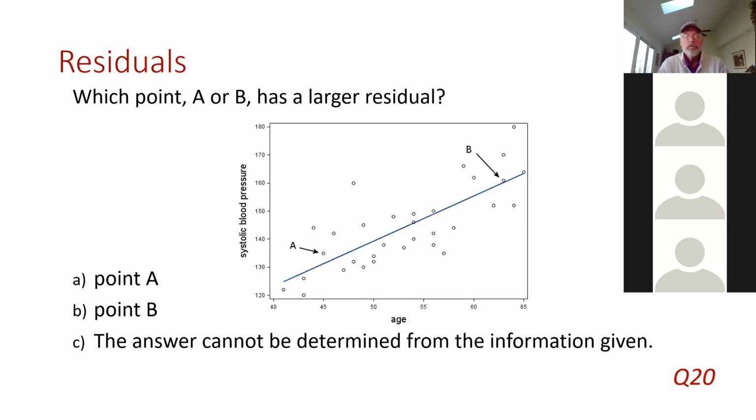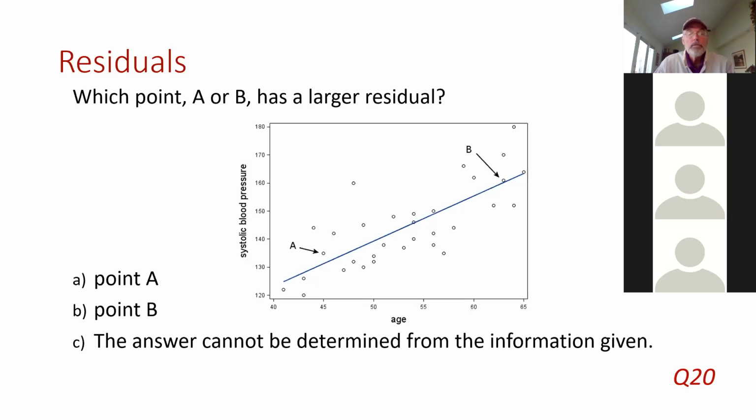Question about residuals. Which one has the larger residual? I got A. Okay, so B is very close to the line.